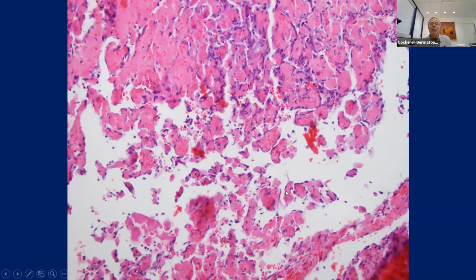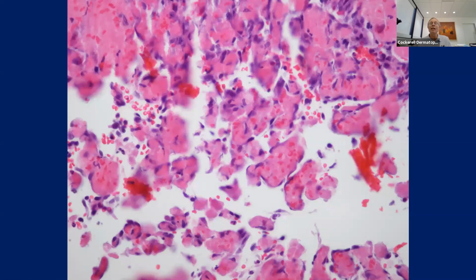And now we've got all of these little spaces here with these small cells here with this pink hyaline-like material within it. Okay. So I don't know if anybody's got any ideas here about this. Good, somebody's written the right answer down already. IPEH, or intravascular papillary endothelial hyperplasia.